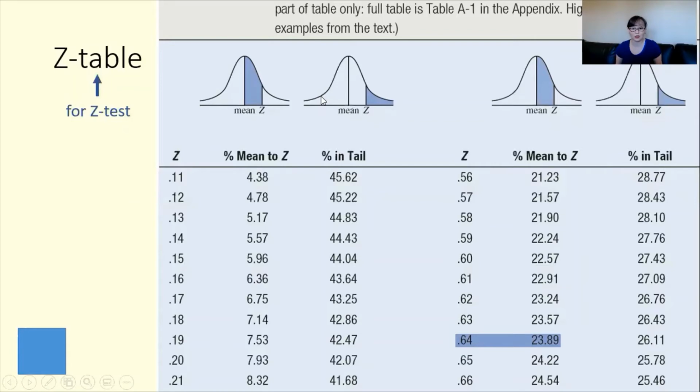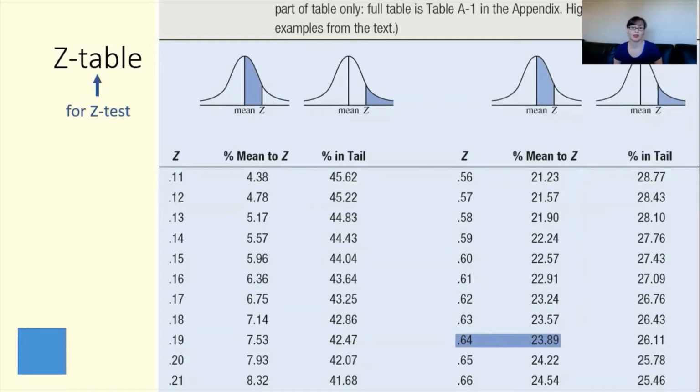So these columns should look pretty familiar, where we have our z column, our mean to z, and the percent in tail. For this particular use of the z-table, we're really going to focus on that percent in tail column. You can ignore the highlighting on that table.